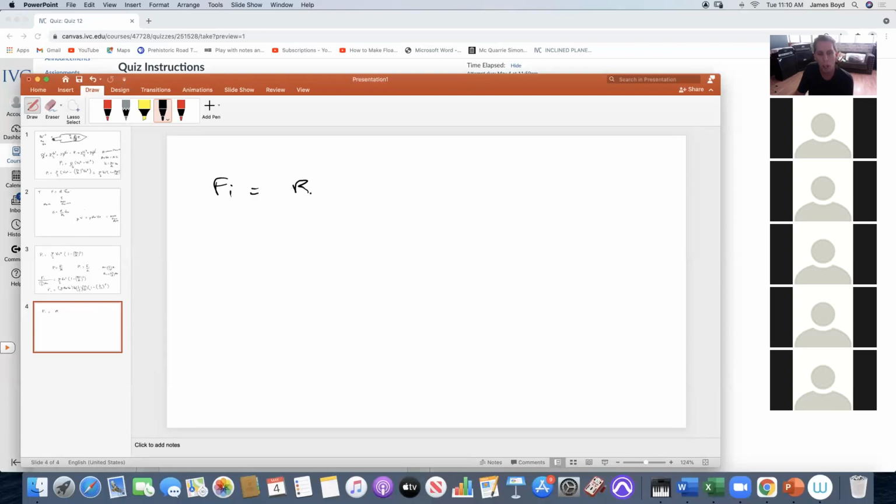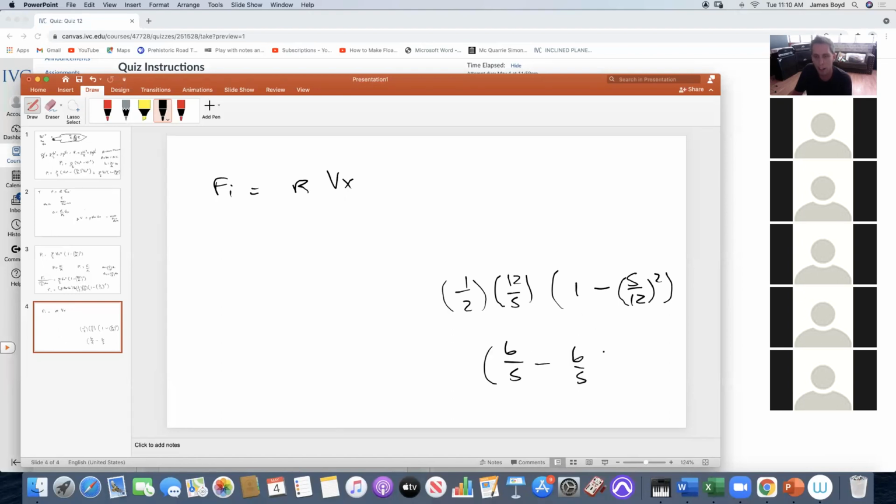This is rho A_X V_X times V_X times 1/2 times 12/5 times 1 minus 5/12 squared. And this is going to be a little hard. So this is 6/5 outside. If I multiply it through, I get 6/5 times 6/5 times 5/12 times 5/12.